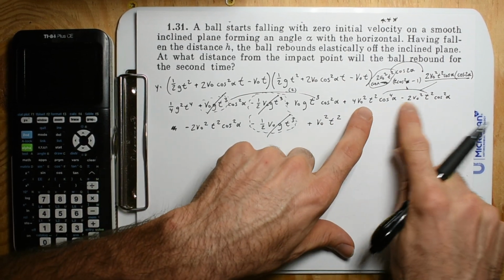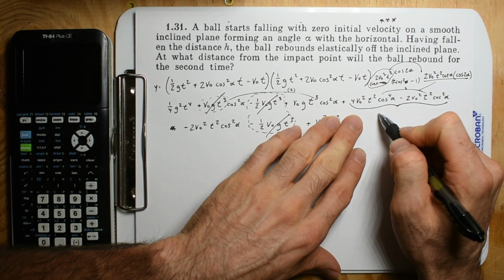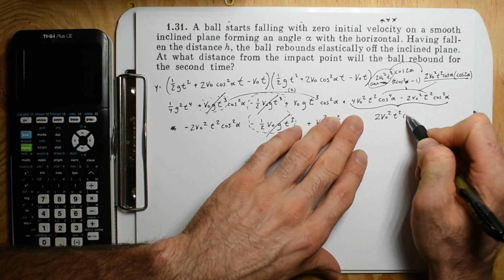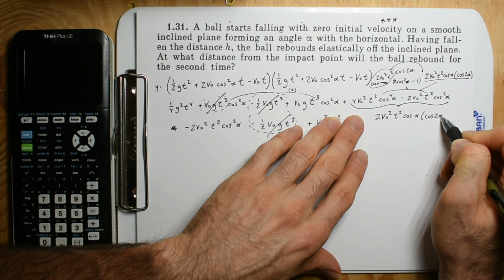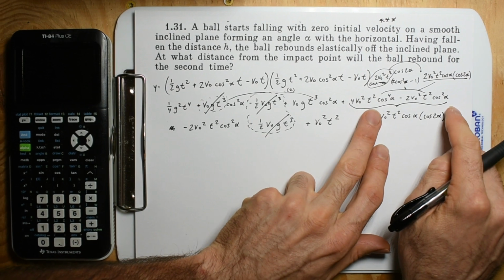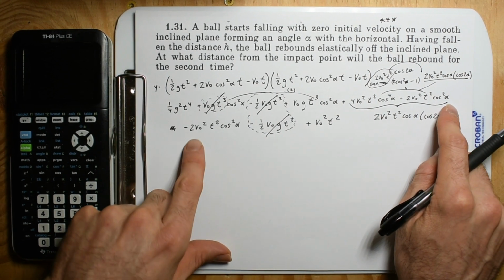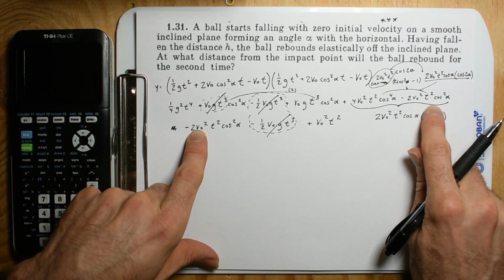Do we want to do that trick right here? I mean, we could rewrite it again. So this is going to be 2v0 squared t squared cosine alpha times cosine 2 alpha. And yeah, I think we should do that. Oh, but check this out. This is negative. These terms are the same.